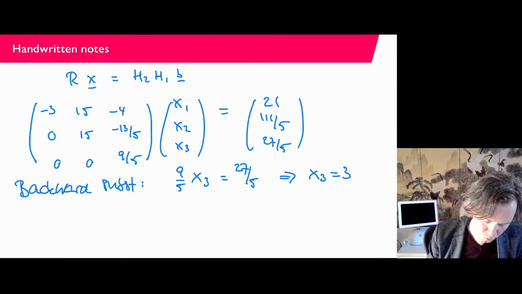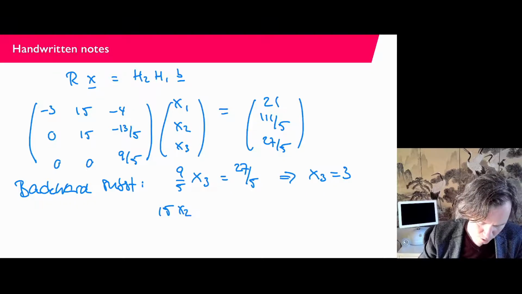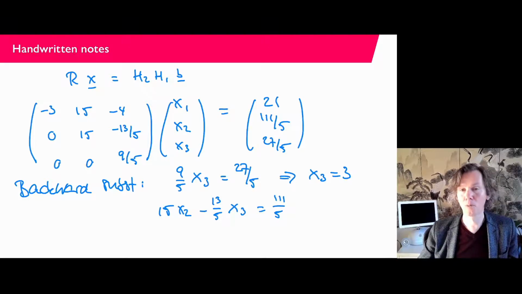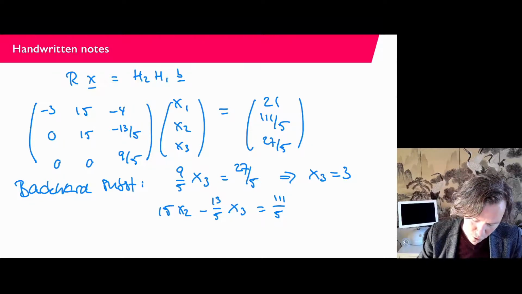So the second equation tells us that 15 x2 minus 13 over 5 x3 equals 111 over 5. Plug in the value for x3 that we just found, which is 3, and then solve for x2. And if you do that, you should find x2 equal to 2.